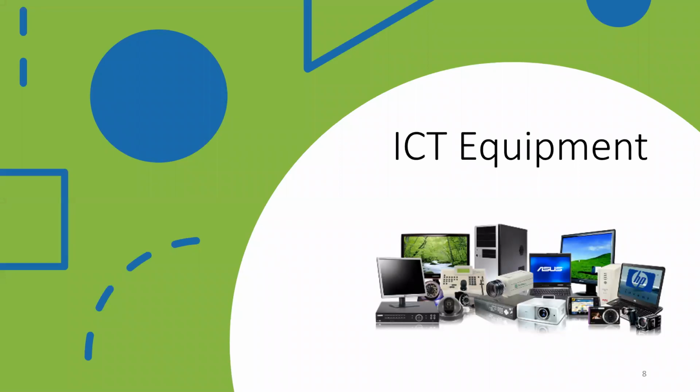Now, some agencies will provide workers with the equipment that is needed. In this case, the equipment that is supplied by the government of Barbados is to be used for government of Barbados business purposes only.